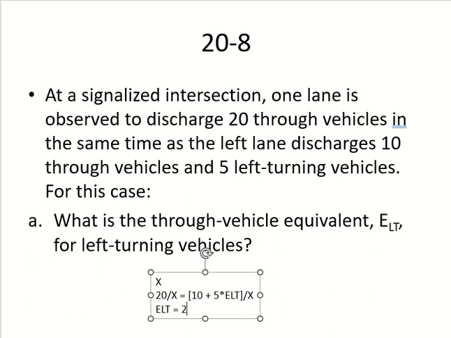Why are they equal? Because it happened at the same time. I had one queue here, one queue here, and both queues were moving. This queue in x seconds passed 20 vehicles. This queue in x seconds passed 10 and 5. So now I'm using this data to calculate the ELT.